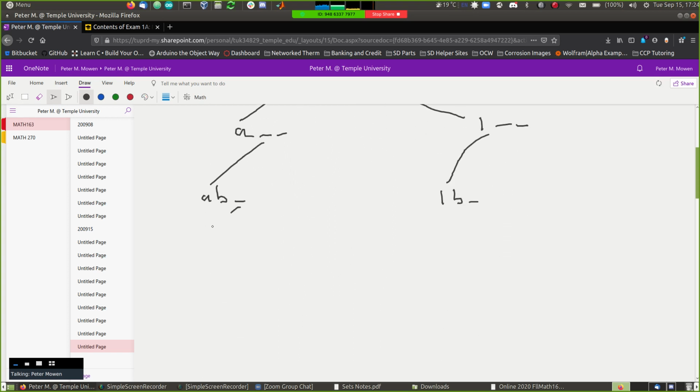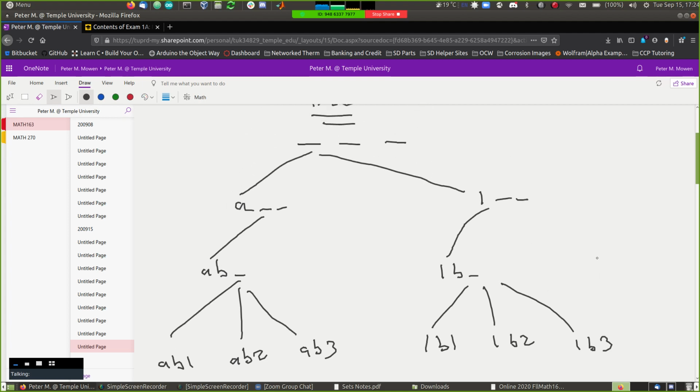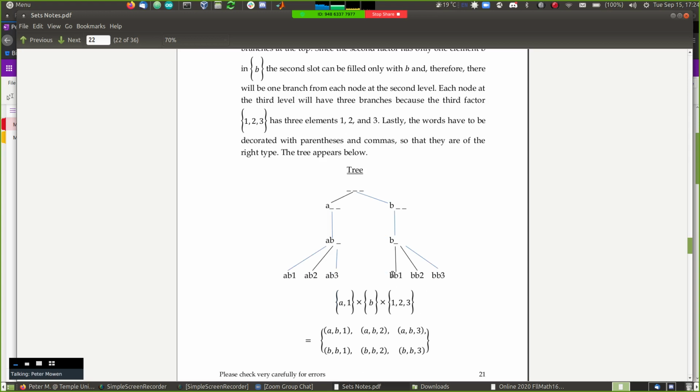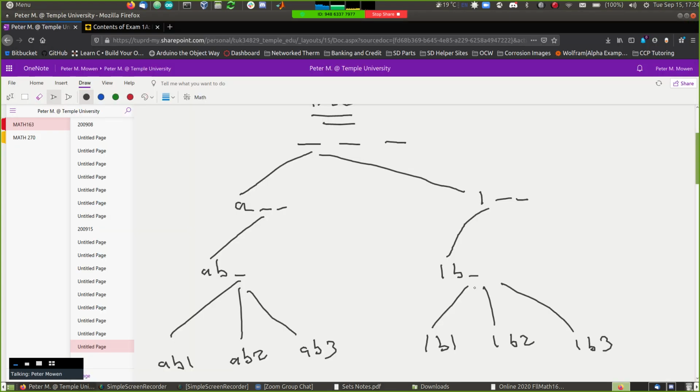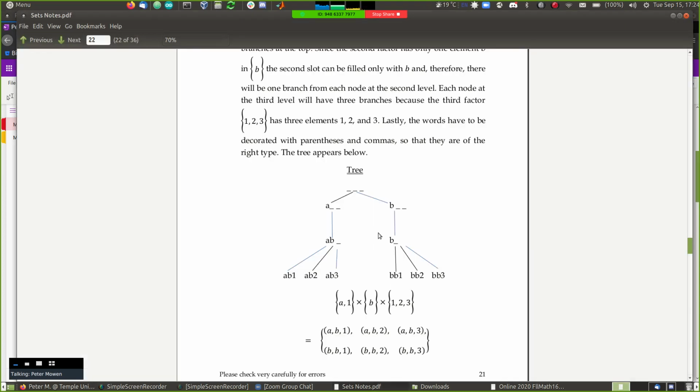So this would have AB1, AB2, AB3, 1B1, 1B2, 1B3. Yeah, because he copied his mistaken work up here. So if you did it like that, you would get no points. The form is correct, but the answer is wrong because that's not what's in the first set.